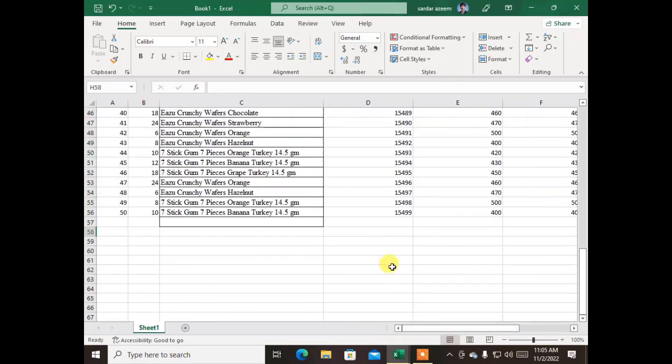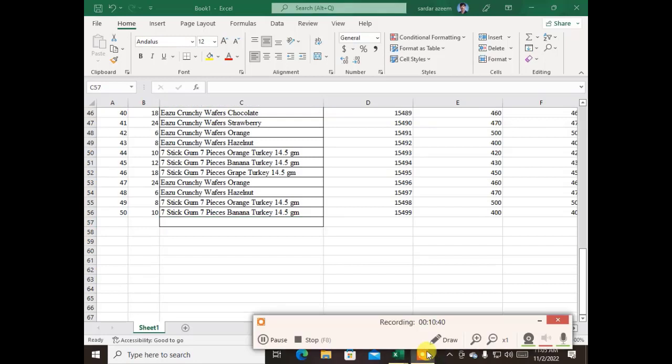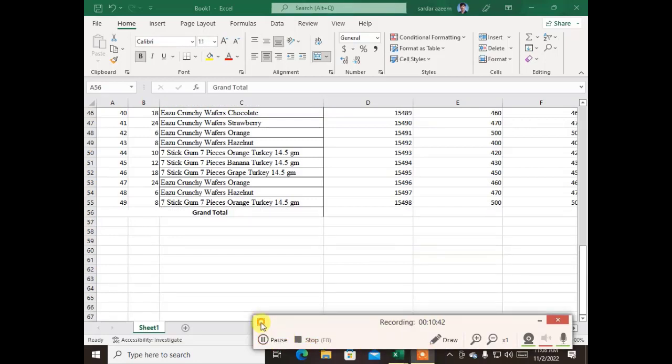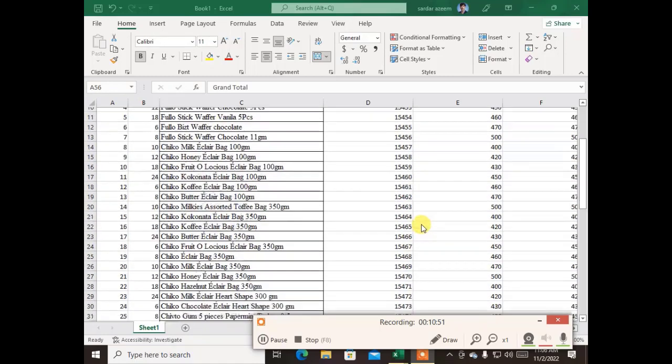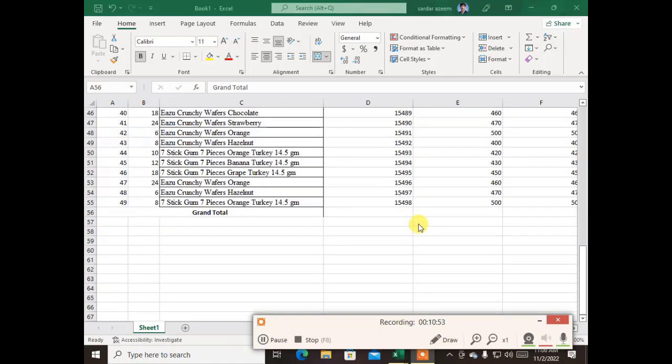Now at the end of the bill, the last thing here is the grand total of the whole bill. The grand total must show the total quantity sold, and also the amount: total trade amount, total discount, and the total sale amount.